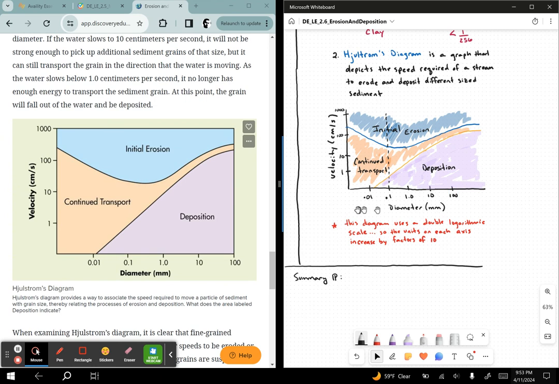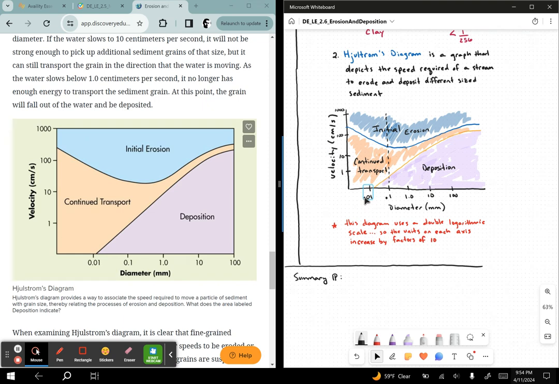Maybe if you take a moment to look at this scale, you'll notice something interesting about the numbering. On the y-axis, it goes from 1 to 10 to 100 to 1000. That's a logarithmic scale. It's increasing by factors of 10. 1 times 10 is 10, 10 times 10 is 100, 100 times 10 is 1000.